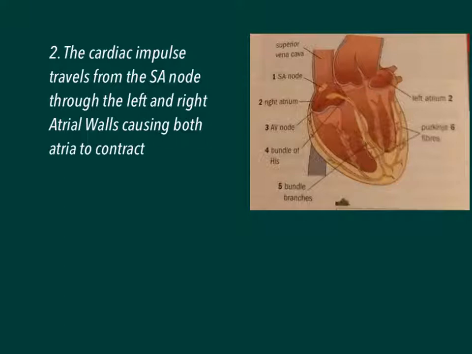And as you should know, this is known as atrial systole, where both atria will contract as a result of this impulse. Although it is difficult to see in this diagram, there are faint red lines that show from the SA node spreading to the left atrial wall and to the right atrial wall to represent this impulse causing the atria to contract.